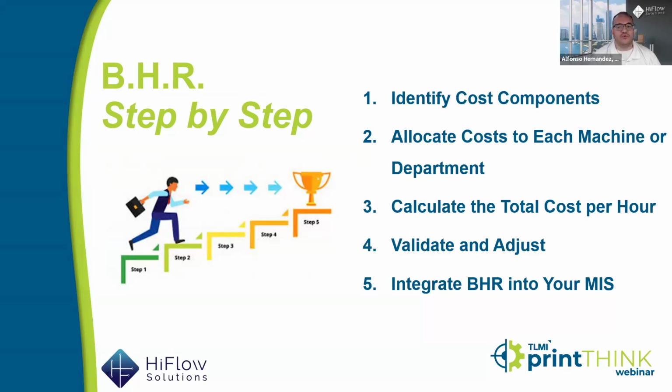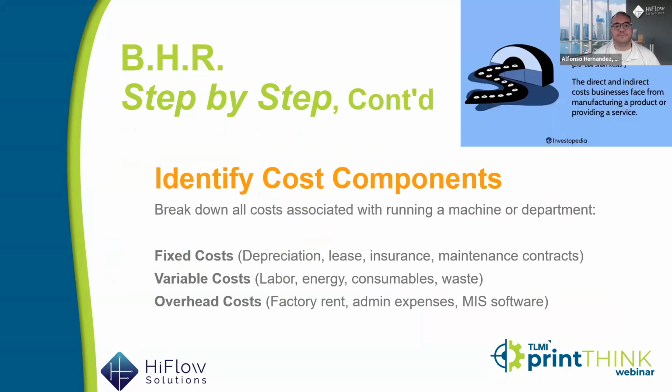Now let's go into each step that I just outlined. Identifying costs. As we talked about before, you have multiple different areas that you need to gain all the costs related to the components to build your BHR. That includes fixed costs, variable costs, and overhead costs.